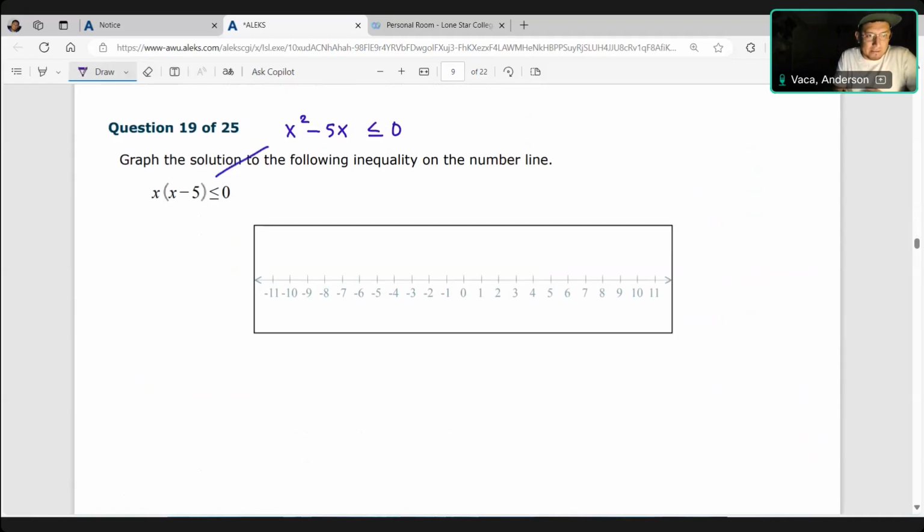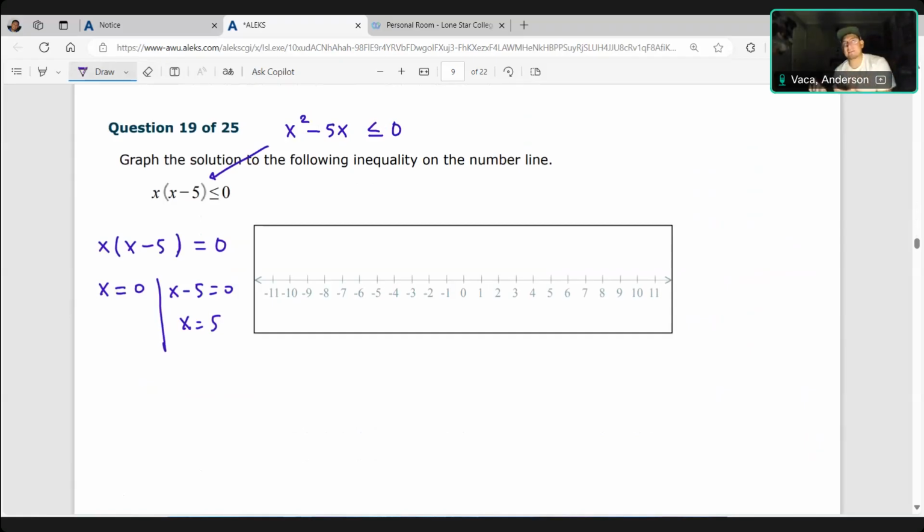And so now that we have this, we tend to forget that we're solving an inequality, and instead we spend a little bit of time solving that equation. Well, this was not so difficult because since it was already in factored form, we can find that x will be equal to 0 and x will be equal to 5. What does that mean? These numbers act like test points. We have a number line and it breaks the number line into sections.